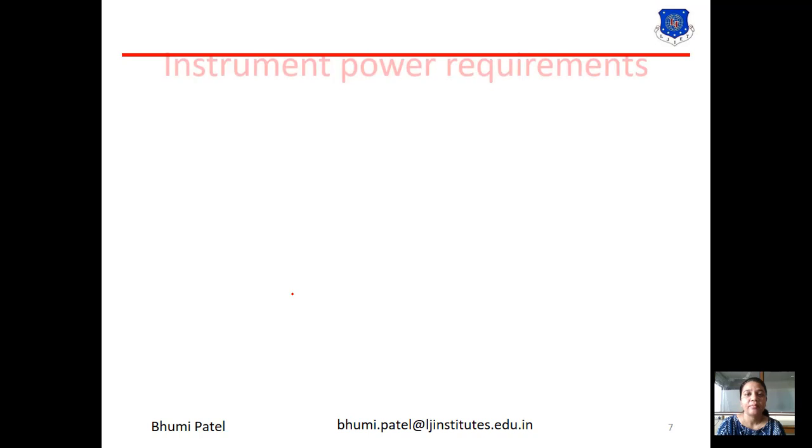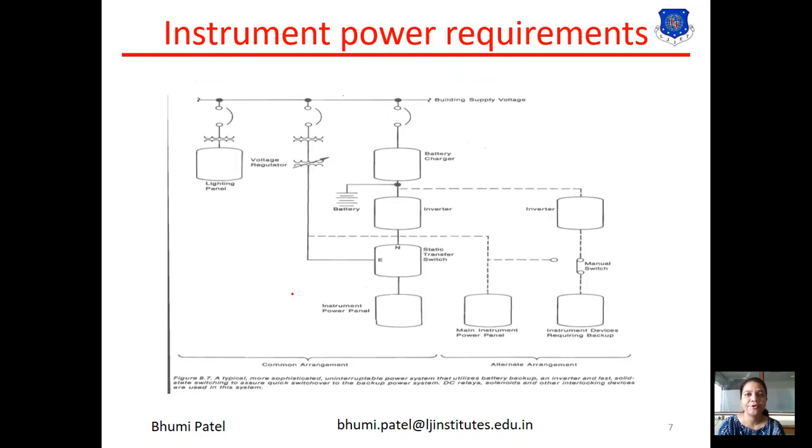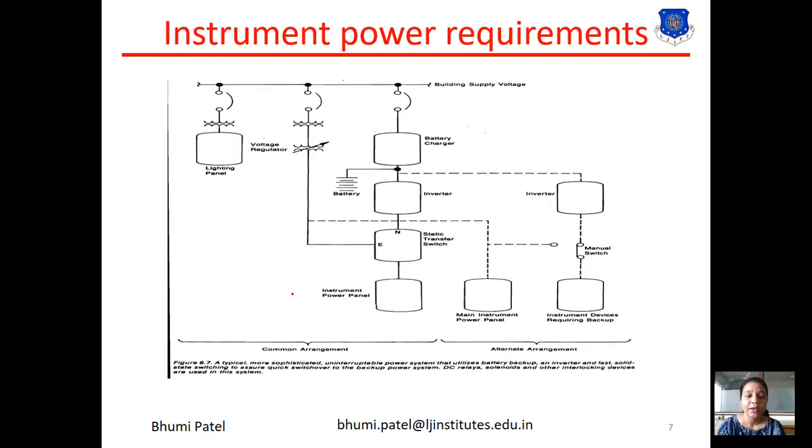Now the next diagram is also for instrument power requirement. Here we use the main instrument power panel and an instrument device backup system. The voltage regulator and transformer are also connected. The change is that we connect a battery and a static transfer switch between the panel and the supply voltage.